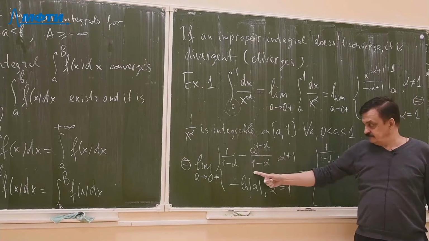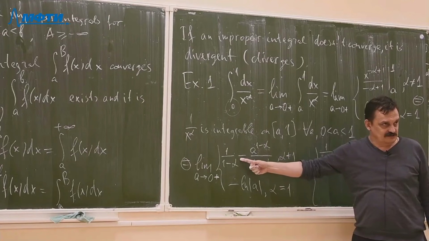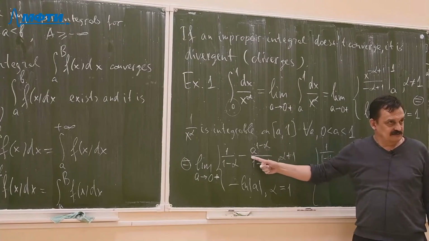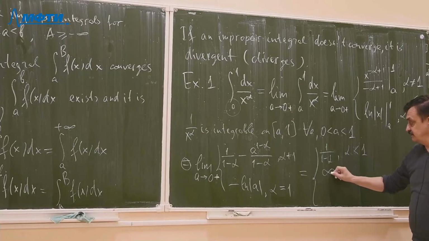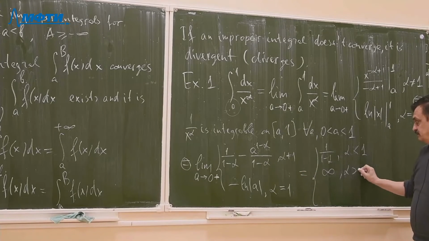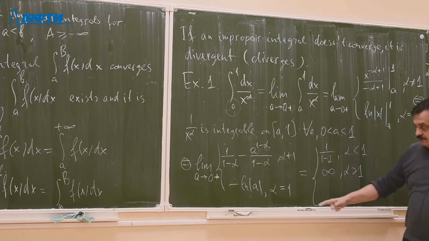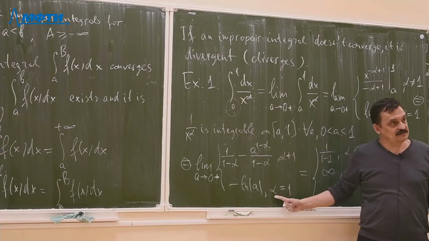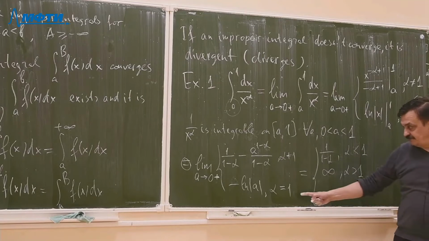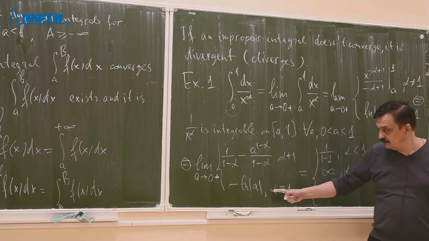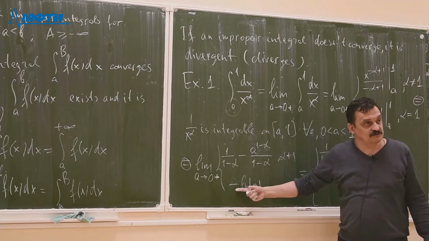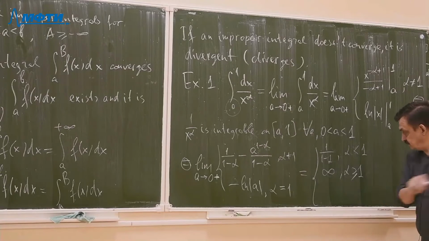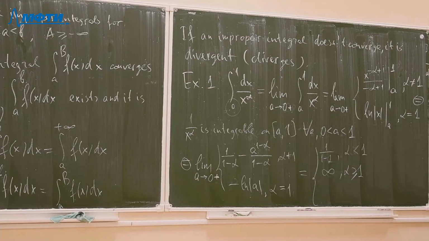Negative, negative, minus, so this is plus, and this tends to infinity, right? So we have infinity for alpha greater than 1. And look at the last line. If alpha is equal to 1, logarithm a tends to minus infinity. We have minus here, so plus infinity as well, so greater or equal than 1, right?